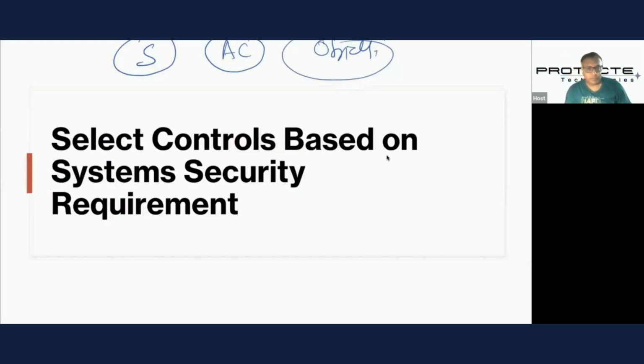Okay, so now once we have seen how to build system architectures and secure architectures, now you have to select controls based on the security requirement of a system.